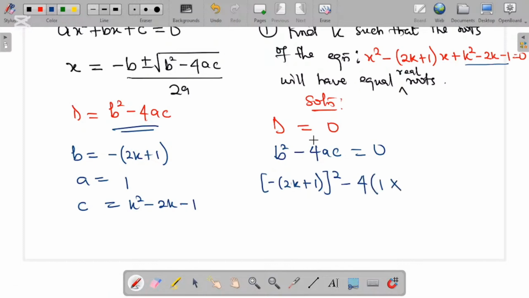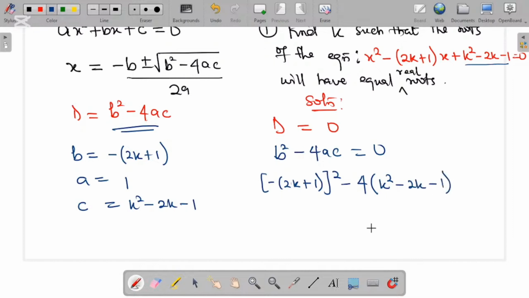In fact, we may decide not to write the 1, since anything multiplied by 1 is still that thing. Let's not waste our time writing that one. So we just have k squared minus 2k minus 1.